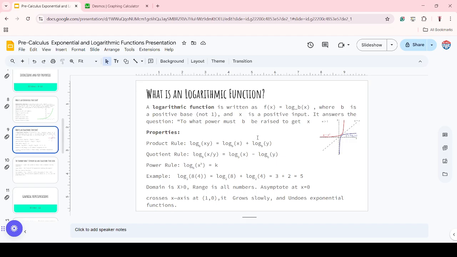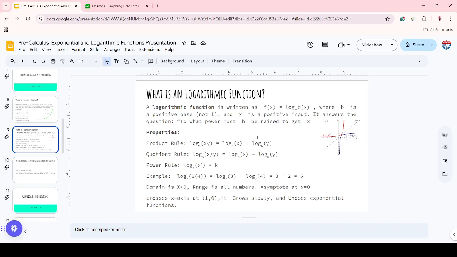And I want to make sure and recheck my work that this example that I have put down here is actually accurate. So I see that I have log subscript 2 of 8 plus log subscript 2 of 4.